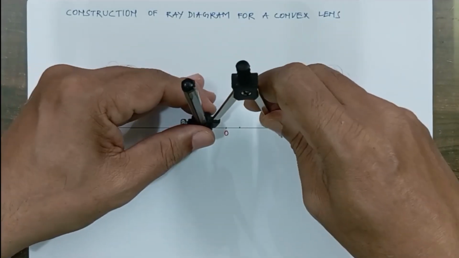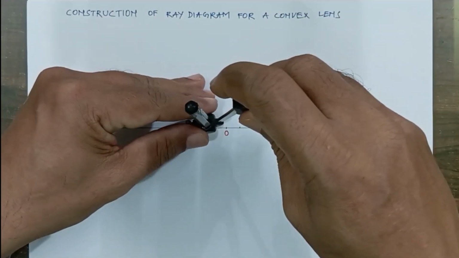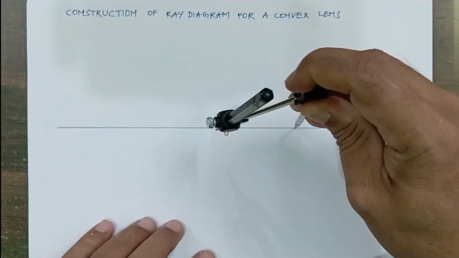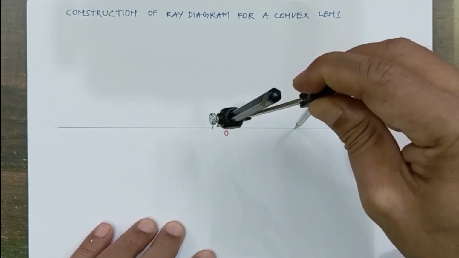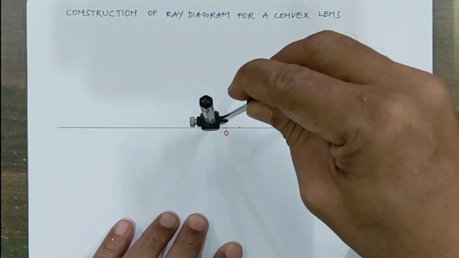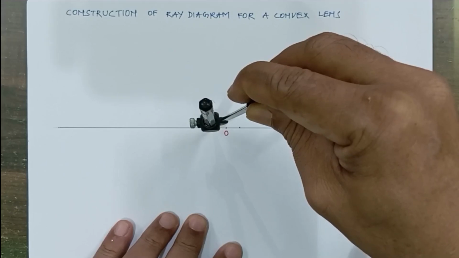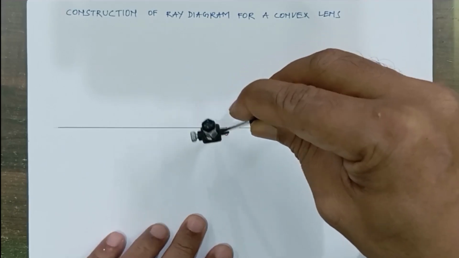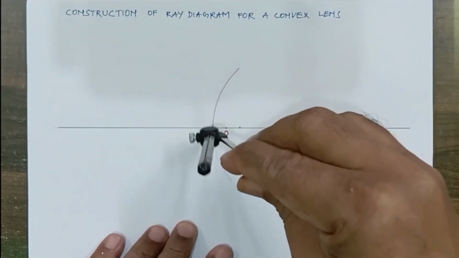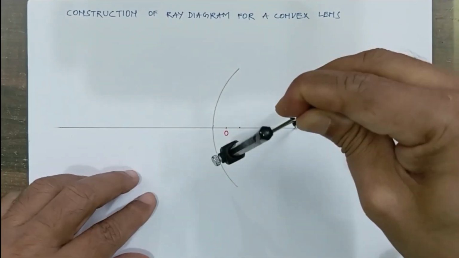Now with some arbitrary approximate radius, you locate the needle point of a compass on the principal axis such that the pencil point matches with one surface of the convex lens, and draw a curve. This is going to be the first refracting surface of the lens.